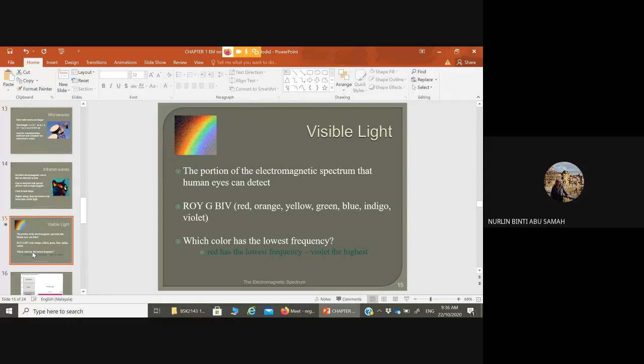I believe most of you will ask, why not orange first? Why not yellow first? The reason is because red is closer to the infrared, so the color is quite similar to the infrared. So it will have the very lowest frequency.